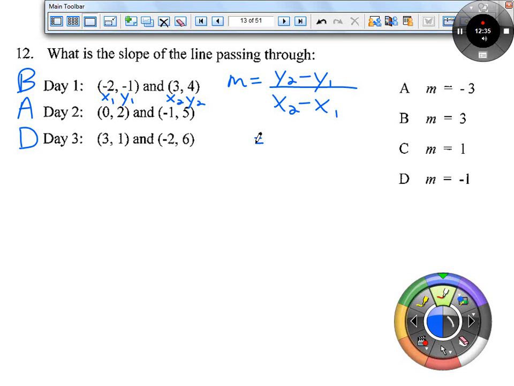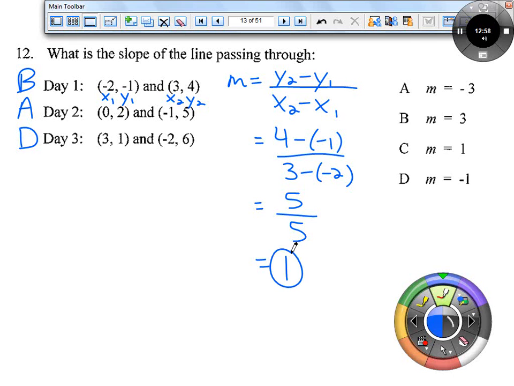So your slope will be 4 minus a negative 1 over 3 minus a negative 2. That means there's a 5 on the top because it's 4 minus minus, so it's 4 plus 1. And the bottom is actually 5 as well, so that's 1.